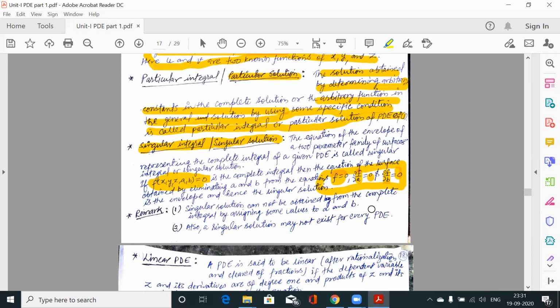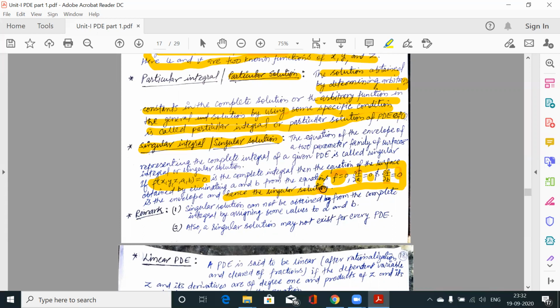If the elimination is possible, meaning we get one equation out of these three which is free from a and b, that is known as the envelope. And if that envelope exists, it is known as the singular solution.